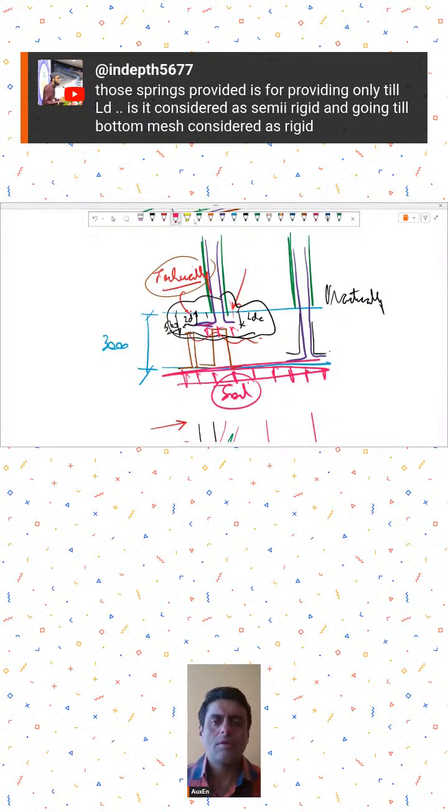If you have provided development length and the joint is being cast monolithically, you consider it as rigid. Now if you have decided to take the bar extra from a practical viewpoint, still it does not change the joining conditions as such.